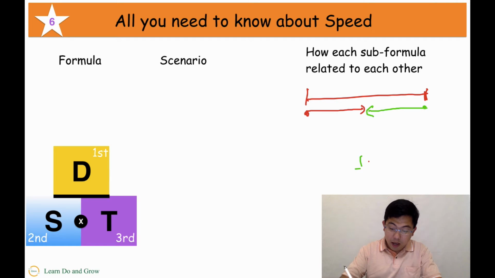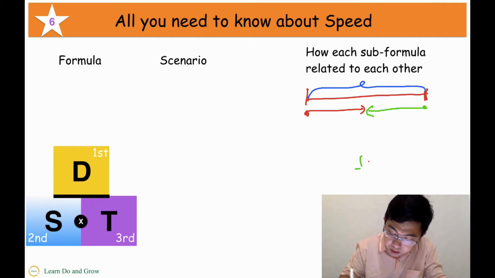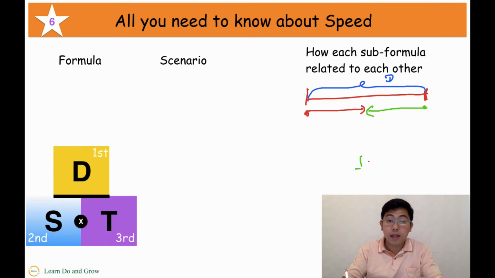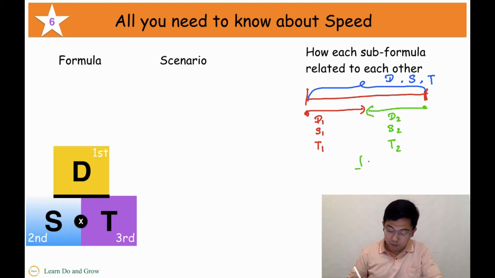So over here I have the whole thing, I call it D. So if I have D, I should have S, I should have T. And over here I have D1, I should have S1, I should have T1. And over here I should have D2, S2, and T2.